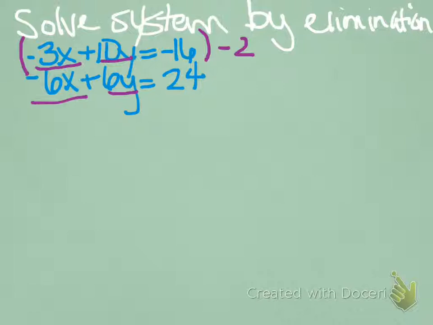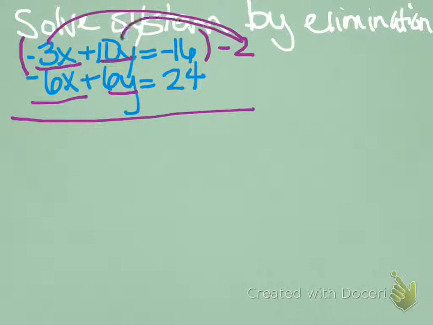So, if we come down here and we distribute this negative 2 like this, negative 3x times a negative 2 is a positive 6x. 10y times a negative 2 gives me a negative 20y.